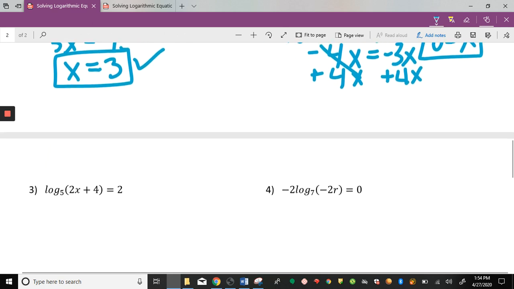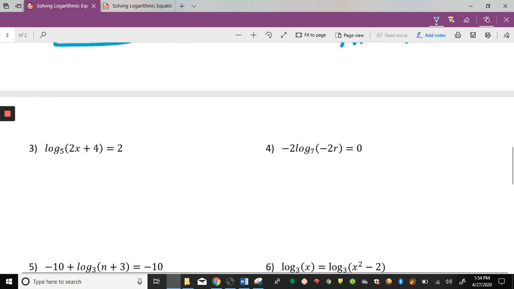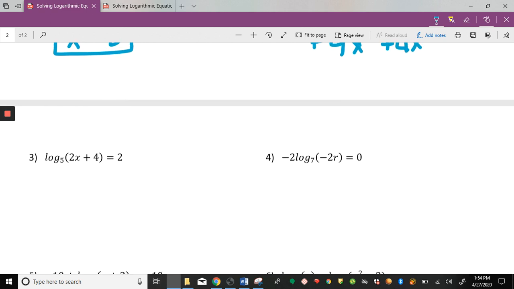Alrighty, next problems. So this time I do not have another log on the other side. So the log is isolated, so I can go ahead and put this back into exponential to solve. So how do I do that? Well, the base here is 5, so 5 to the second power equals 2x plus 4.